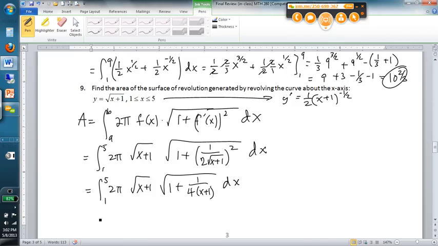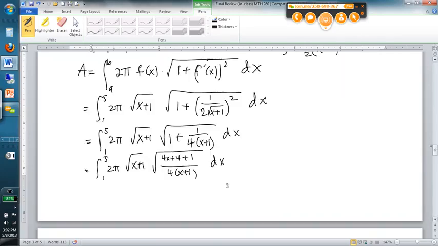Well, probably on that square root, second one, get a common denominator. So that would give me the common denominator of 4, 4x plus 4 plus 1 over 4 times x plus 1. I'll leave it like that.